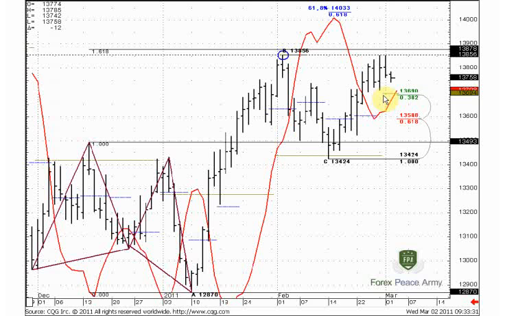The target of this possible move will be the 140.33 area, from this A, B, C bottom pattern. This is the 618 expansion from this swing to the upside. But just above the market, 138.78 stands the target of this butterfly buy pattern, just above these highs. Also, I want to remind you that this is also weekly pivot resistance one.